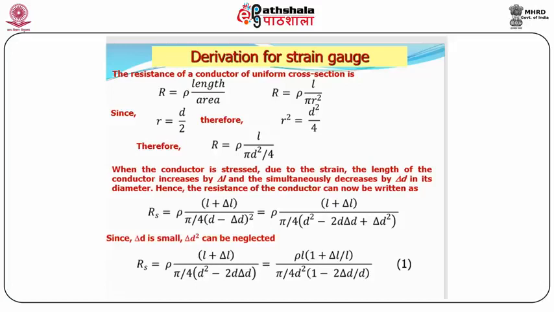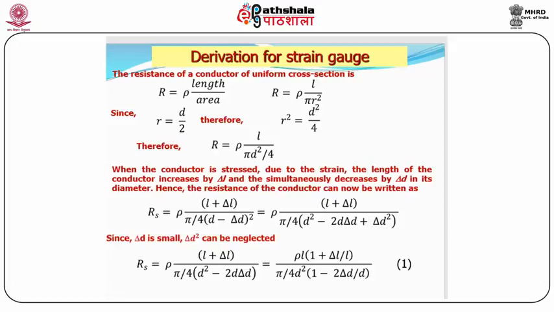Now putting the value of r square in capital R, we have R equal to rho L by pi d square by 4. When the conductor is stressed due to the strain, the length of the conductor increases by delta L and simultaneously its diameter decreases by delta D.